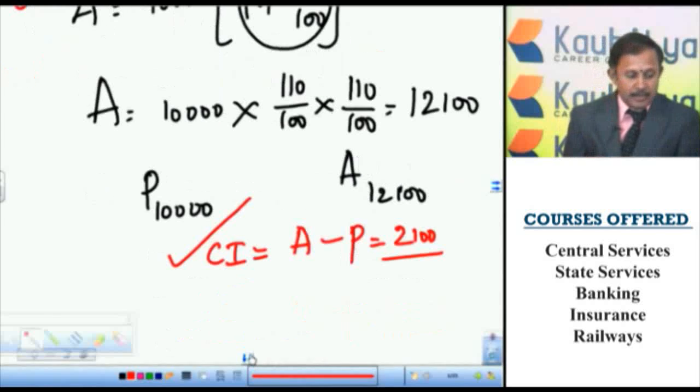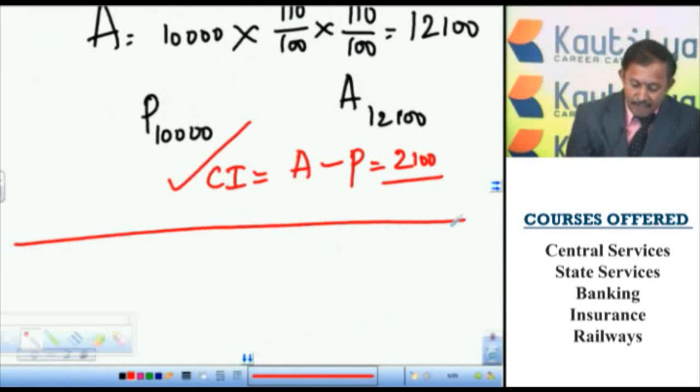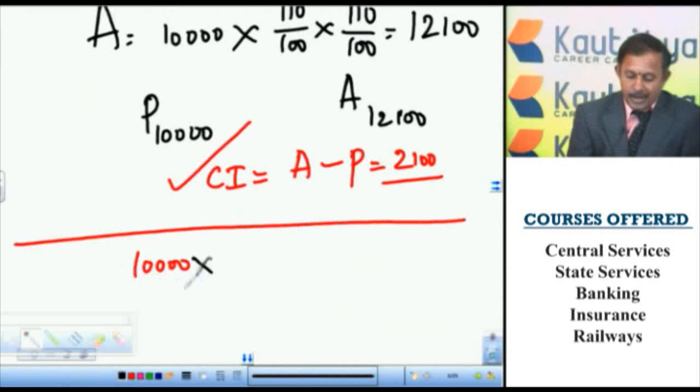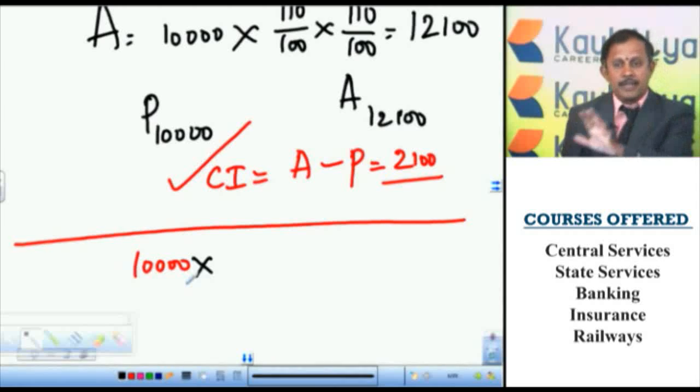But at this level, I can suggest one more thing. Even without remembering this formula, we can calculate the compound interest like this, because the initial sum of money is 10,000, and the rate of interest is given as 10% per annum. What you have to observe is the sum deposited must be increased by 10% per year.